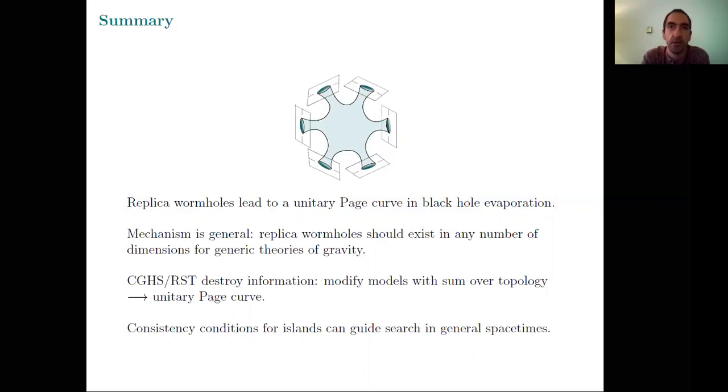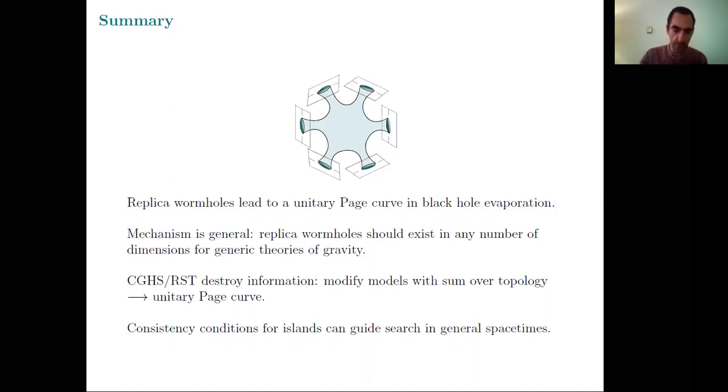For example, is the UV theory such that you should include these replica wormholes and get the island rule entropy? So in the work that I was talking about here, we're assuming the answer to that was yes, that there is some model like CGHS or RST that UV completes to something such that the island rule entropy gives you the right answer. So in that sense, without the UV model, we're still kind of swinging in the dark a little bit.